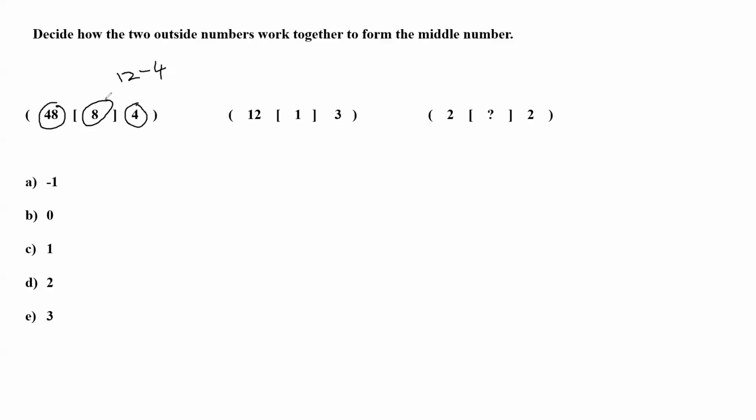So we're doing 2 operations with the right number, yeah? So 12 divided by 3 gives us 4. Subtract 3 gives us 1. And then 2 divided by 2 gives us 1. And then subtract 2 gives us -1.